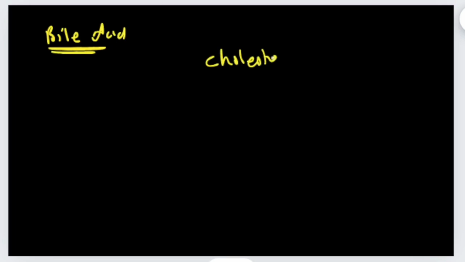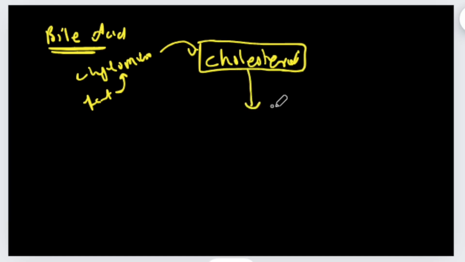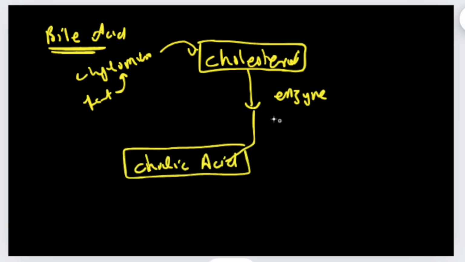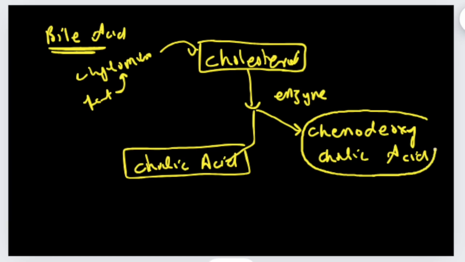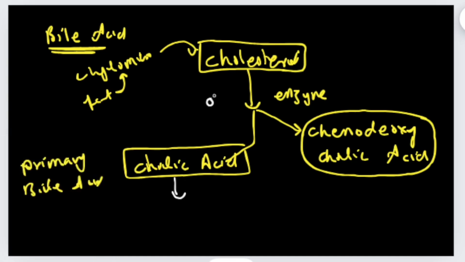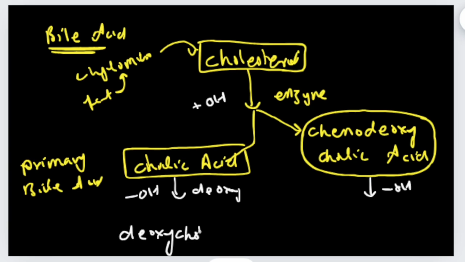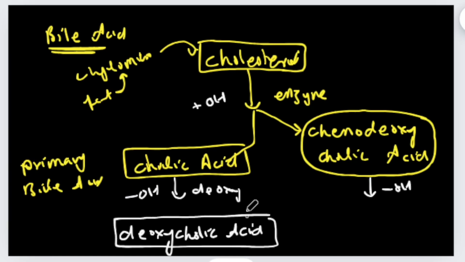Bile acid is formed from cholesterol, and cholesterol comes from the chylomicron fat. After absorption, when enzymes act on cholesterol, it is converted into cholic acid and chenodeoxycholic acid. These are the primary bile acids. When the OH group is removed, deoxygenation occurs.